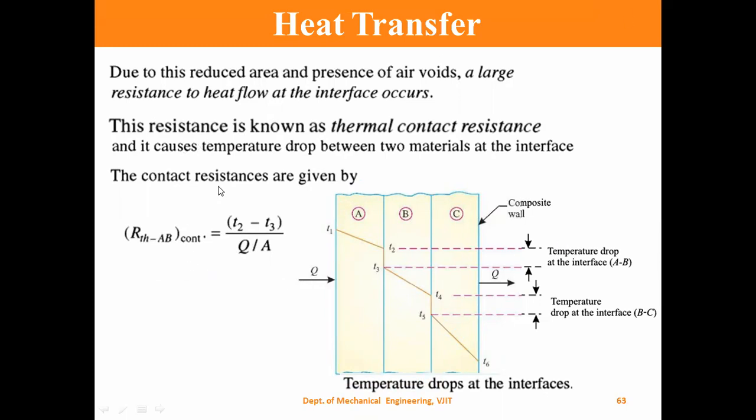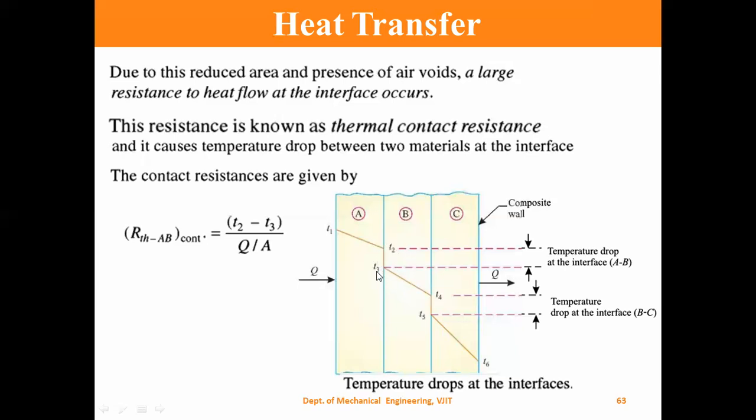The thermal resistance of the AB contact is given by the ratio of T2 minus T3 by Q by A. If you know the rate of heat transfer and the area, and the temperatures T2 and T3, then we can find the thermal contact resistance between the slabs A and B. We are not calculating the thermal resistance of A or B. This is a contact resistance between the two slabs because of the air gap or the unevenness between the two materials, because the surface is not smooth. So the thermal contact resistance is going to exist.